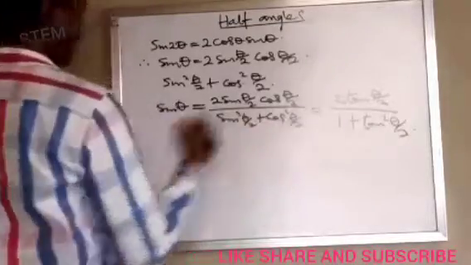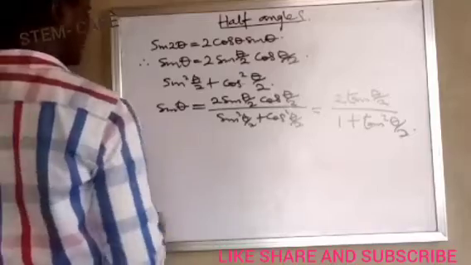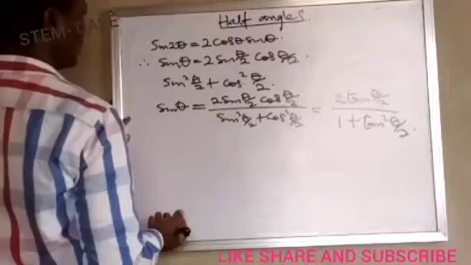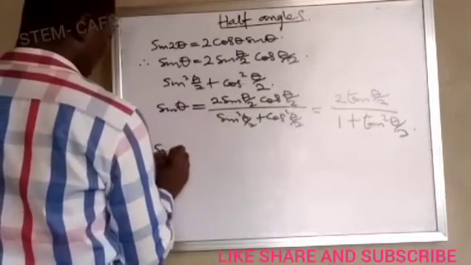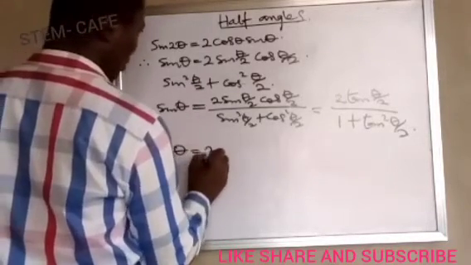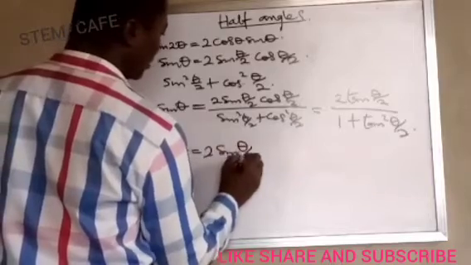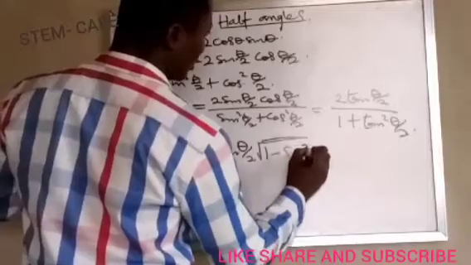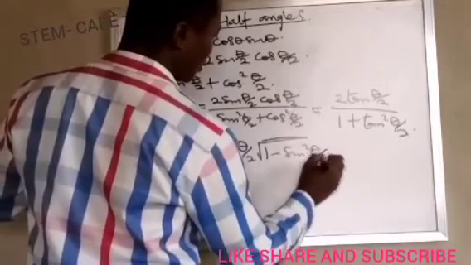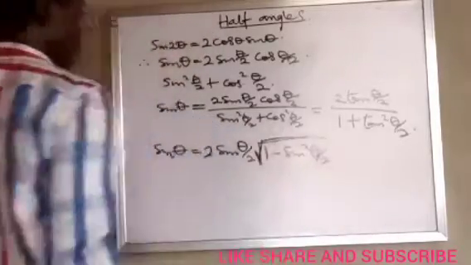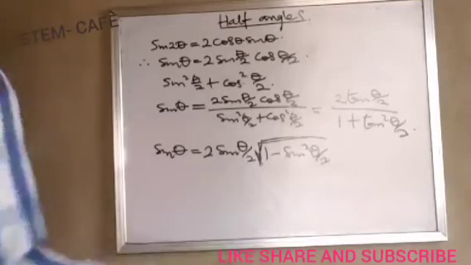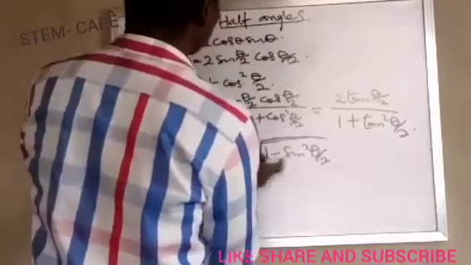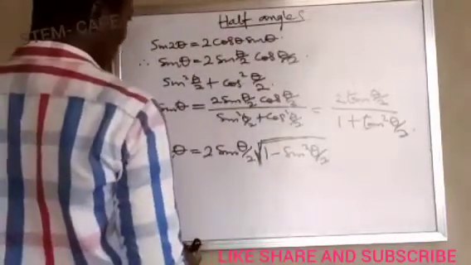After solving this using some quadratic method, I can also get it straight from here. I can say sin theta is equal to 2 sin theta over 2 times square root of 1 minus sin square theta over 2. And using knowledge of surds and quadratic equations, I can get sin theta over 2 here. In the same vein, I can get cos theta over 2 from here.